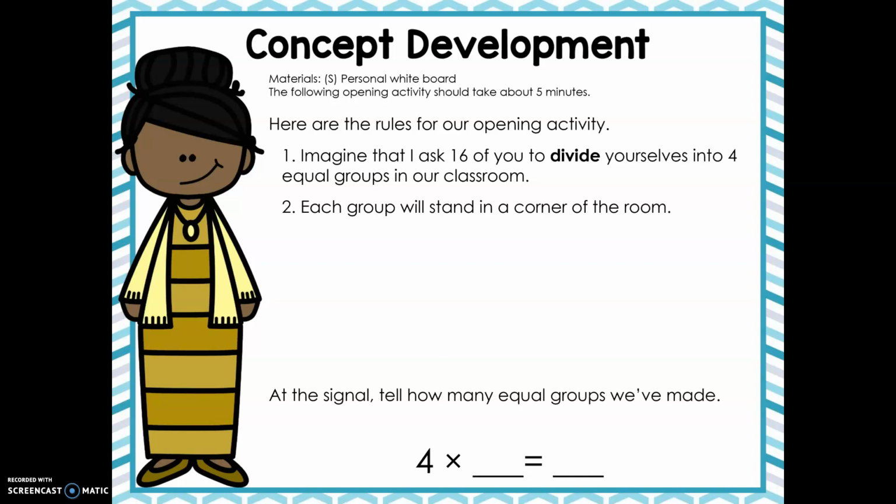There are 4 corners in our room. So here's our classroom, and we're going to have 16 students divided into 4 equal groups. If there are equal groups, that means each group will have the same number.